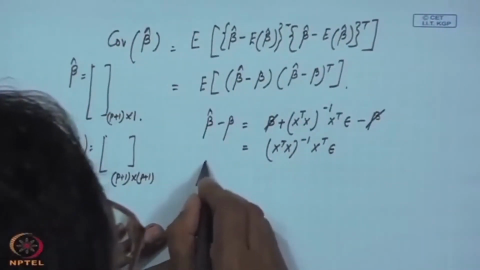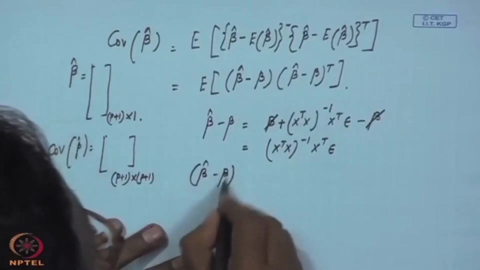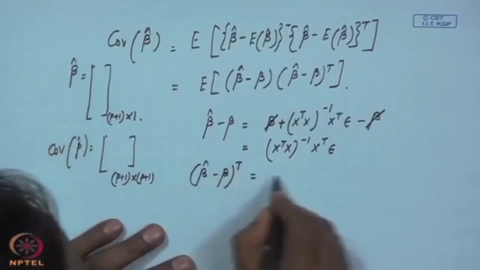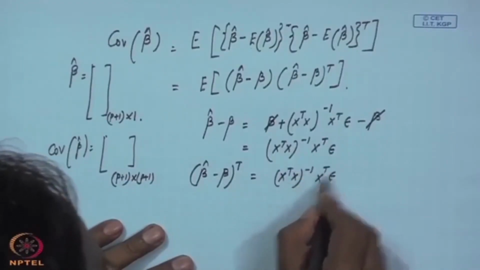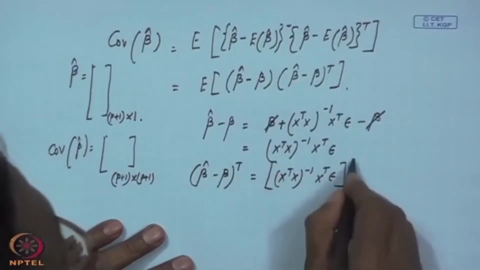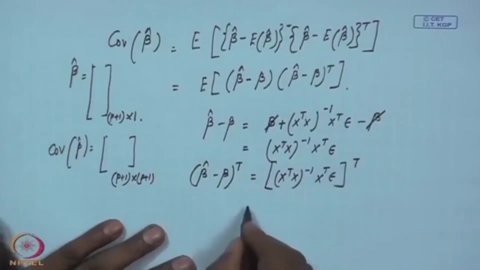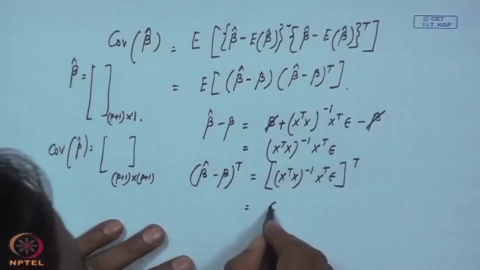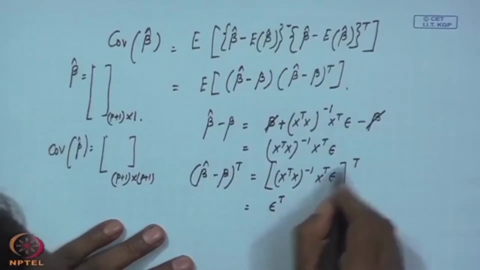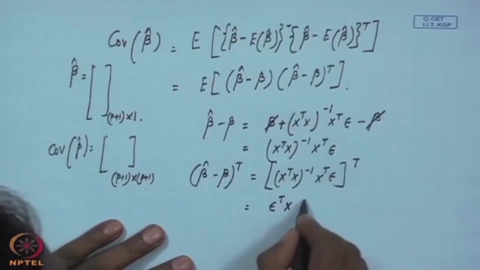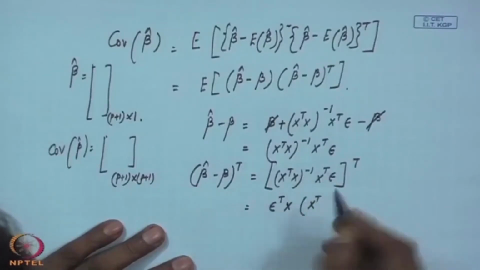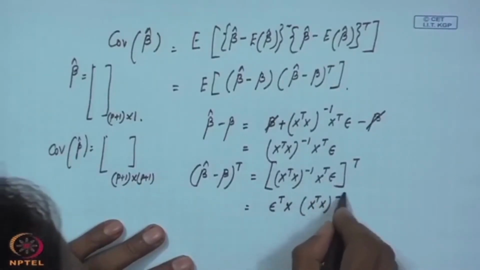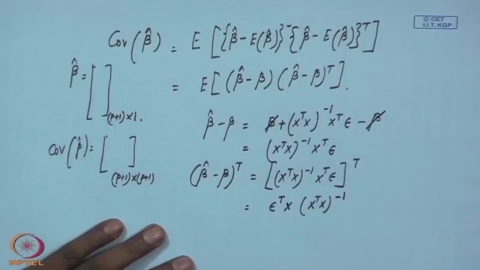Then (beta cap minus beta) transpose will become ((X transpose X) inverse X transpose epsilon) transpose. When you take the transpose, it is just the reverse order. So epsilon transpose, X transpose transposed is X, and (X transpose X) inverse will remain, because X transpose X is a symmetric matrix, and definitely square also.